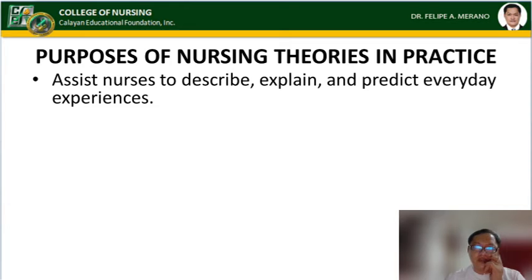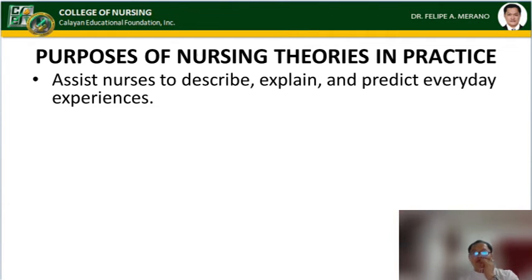The purpose of nursing theories in practice is to assist nurses to describe, explain, and predict everyday experience. For example, when the patient has a wound, we can explain better if we do our independent function, that is, to provide first aid.